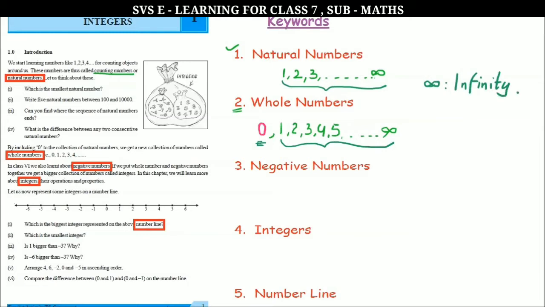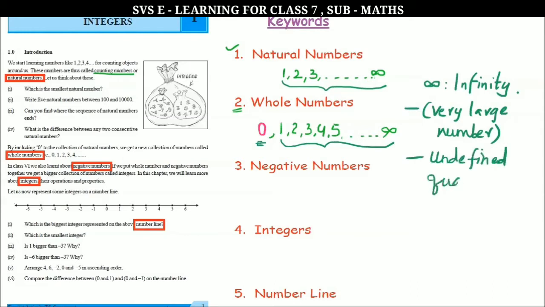This symbol is known as infinity, which in this context we can say is a very large number. It can also be used to represent undefined quantities. For example, 2 divided by 0. How many times?